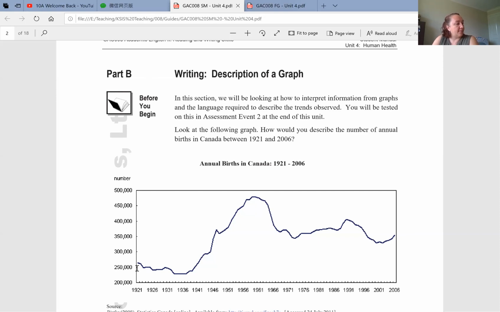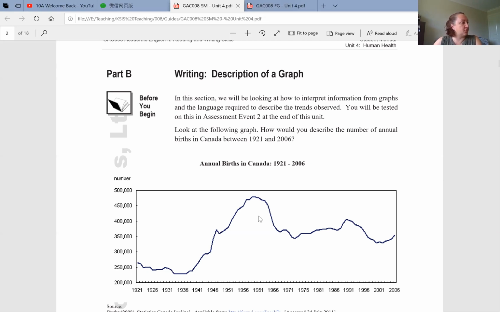How would you describe the rate of annual births in Canada between 1941 and 1961? So looking at 41 through to 61, how would you describe that? If you can just write down in a sentence how you would describe that. Okay.